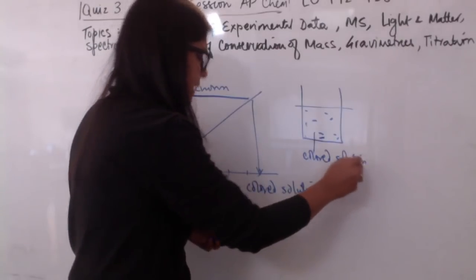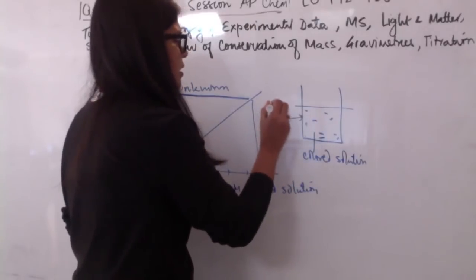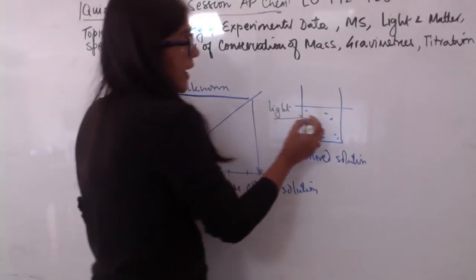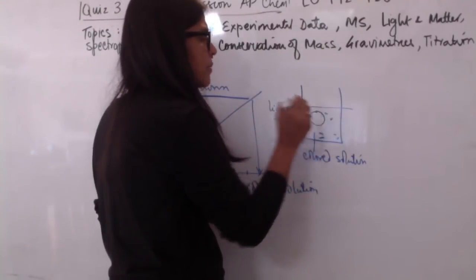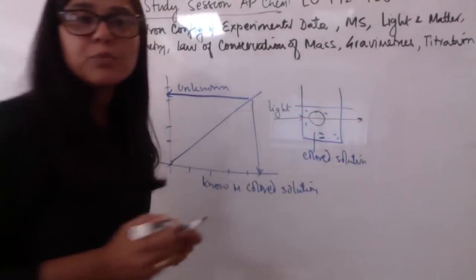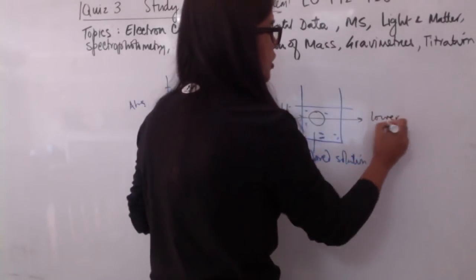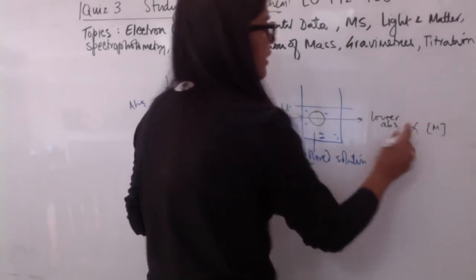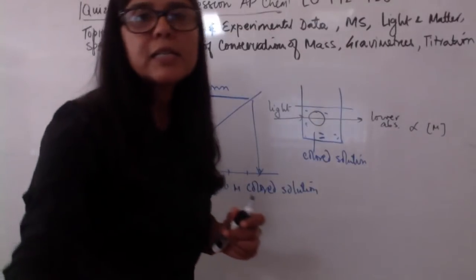And then you pass light through it, and the solution absorbs light. If there is an air bubble in here, light will pass straight through it without being absorbed. So you will get a lower absorbance, and because absorbance is proportional to the molarity, you'll get a lower molarity of the colored species. That is 7A.